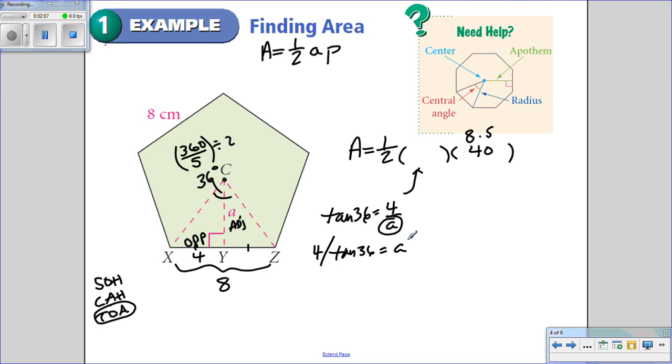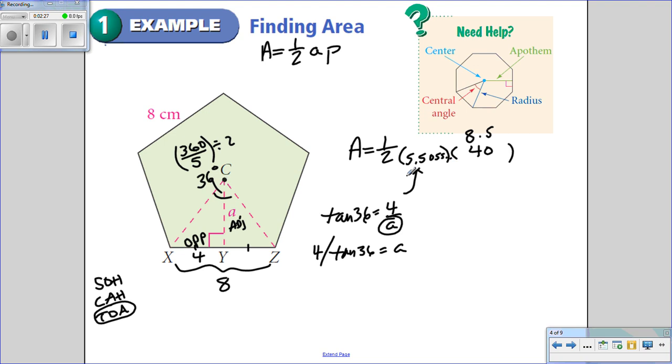So let's go ahead and calculate that out. And if you do that properly, you get 5.5055, and it continues. Now, don't round that. We want to store that in our calculator.